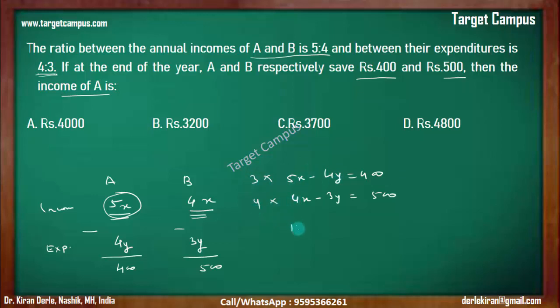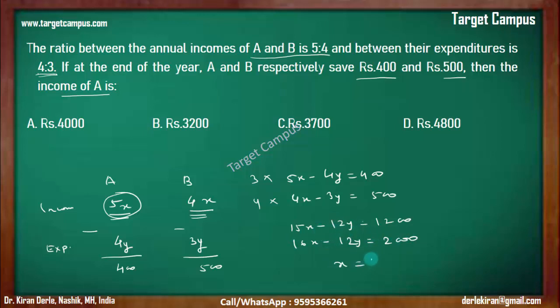So this becomes 15x minus 12y is equal to 1200. And this becomes 16x minus 12y is equal to 2000, right? So this becomes x is equal to, this goes out, no?